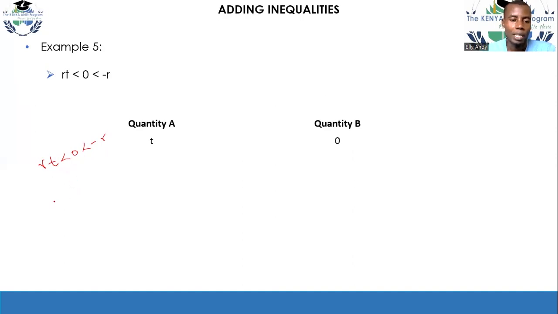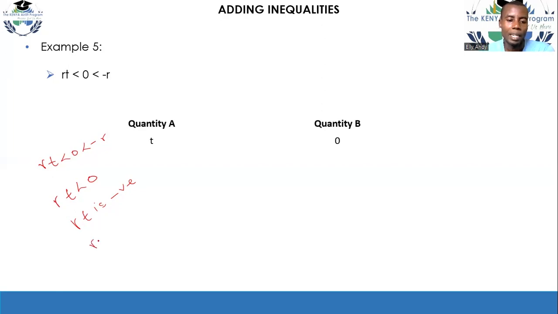So here we start by RT being less than 0. So which information can help us here? RT is less than 0, which means RT is negative. RT is negative because anything less than 0 is negative. And if RT is negative, which information again can we tell from that relationship?